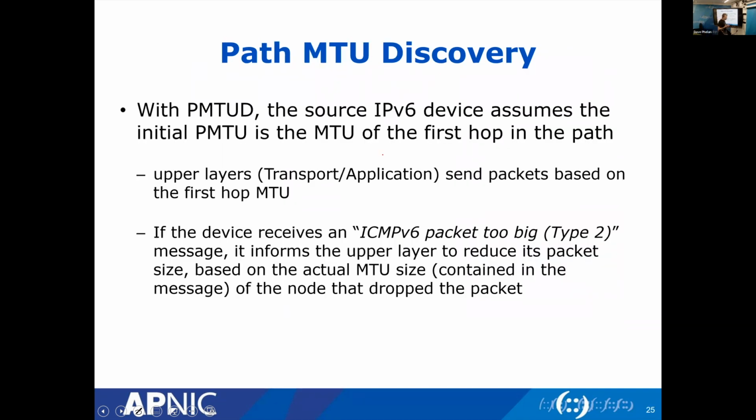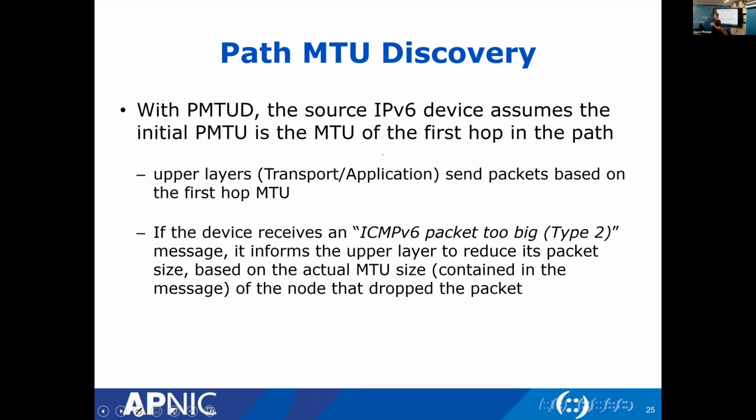So how do we know that I can't send a 9K packet? I haven't got jumbo turned on everywhere. So with path MTU discovery, the source node will assume that my first hop is the MTU of my link. It will assume that that first hop out of the gateway is my MTU all the way to the end.